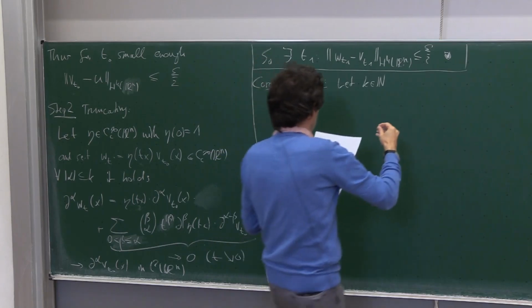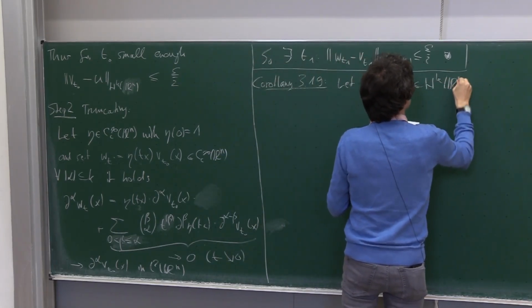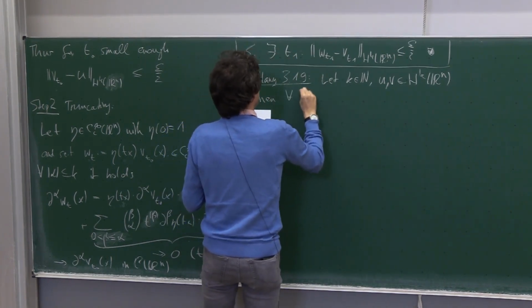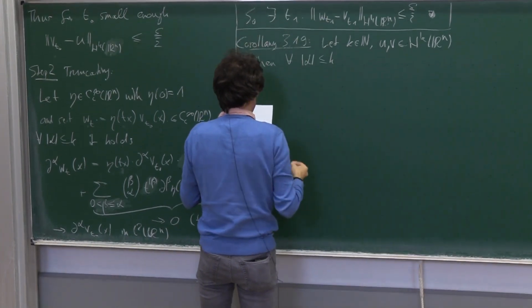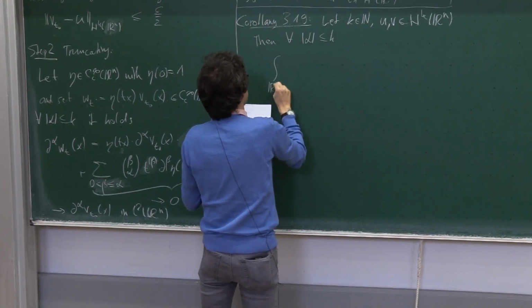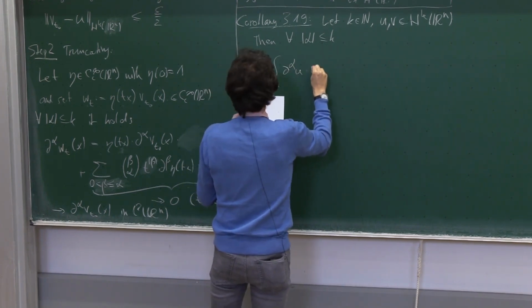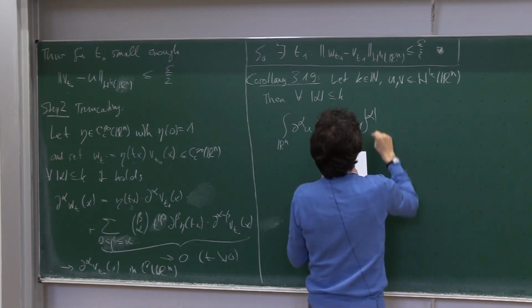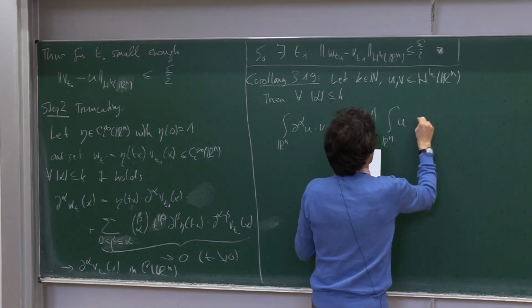So let k and n, take two hk functions on the whole space, and then whenever you take a multi-index of length less than k, you get the formula of partial integration. So integral over Rn d alpha u times v is the same as -1 to the modulus of alpha times the integral over Rn u times d alpha v.